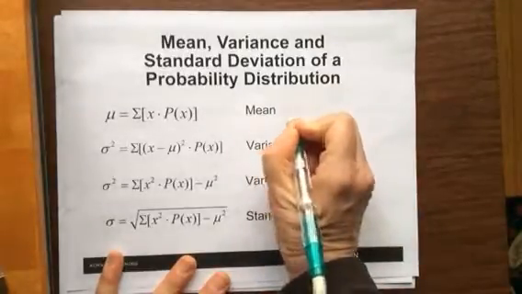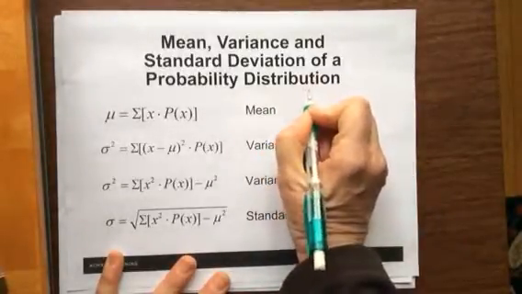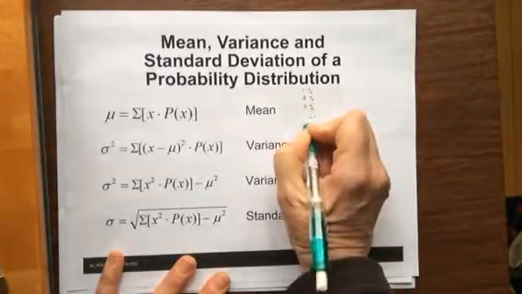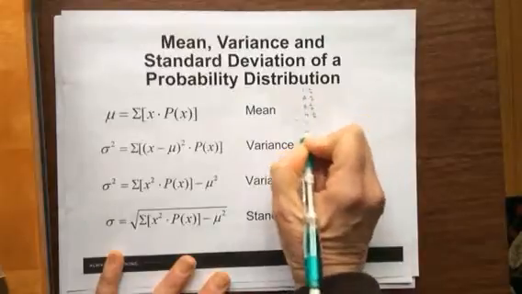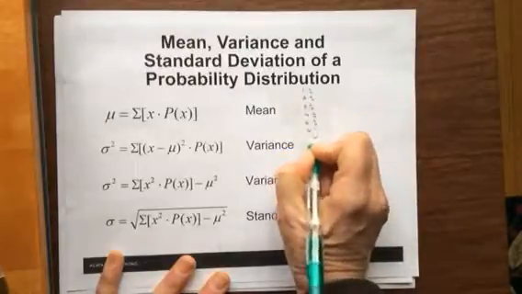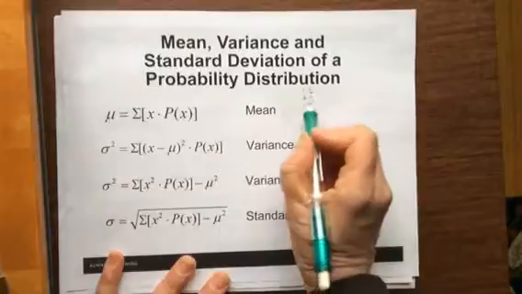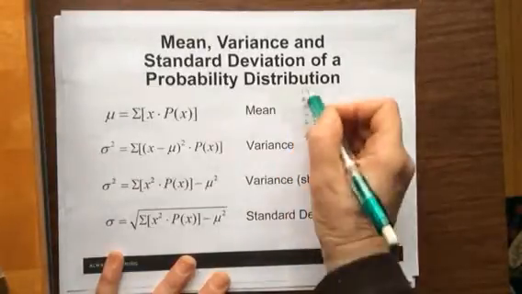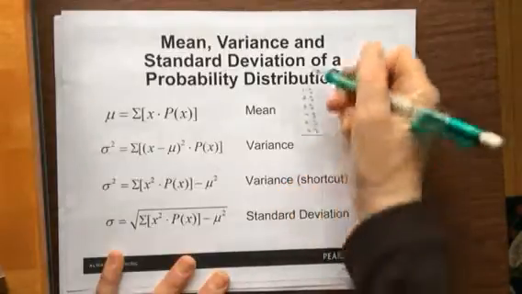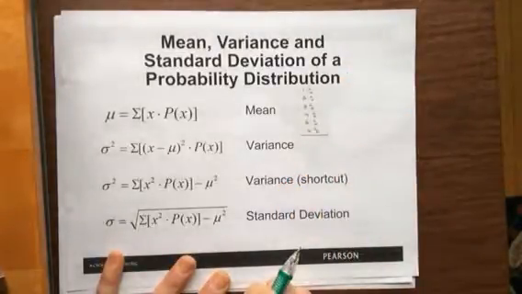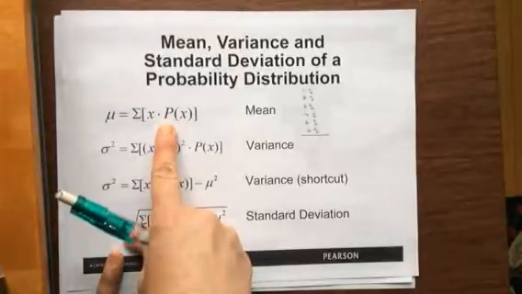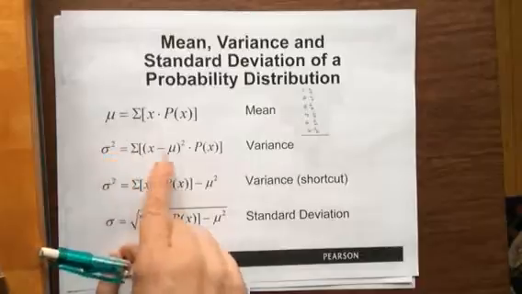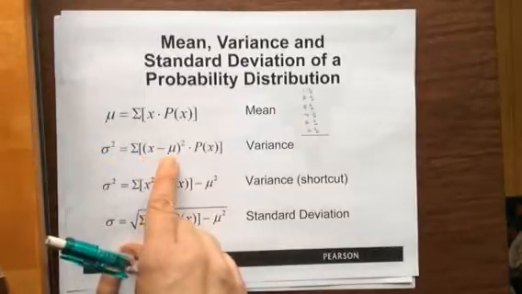So with our die, that would look like 1 times a sixth, and 2 times a sixth, and 3 times a sixth, and 4 times a sixth, and 5 times a sixth, and 6 times a sixth. This is x times the probability of x. And I've got all my x's and all my probabilities, and when I add them all up, that'll be my mean. So that's what this formula does. The variance we've talked about before, it measures the distance from our mean.